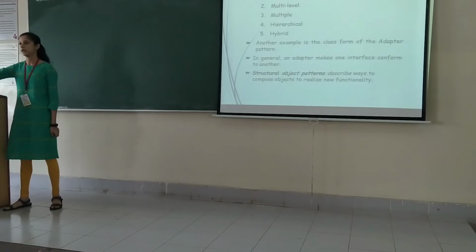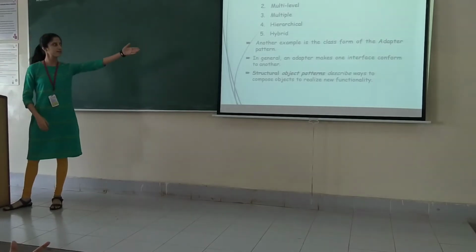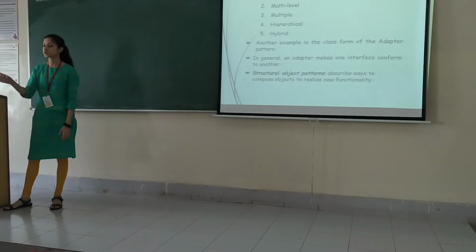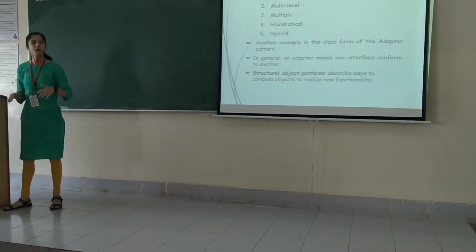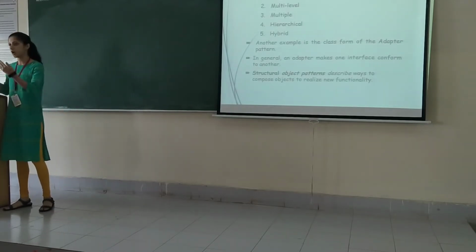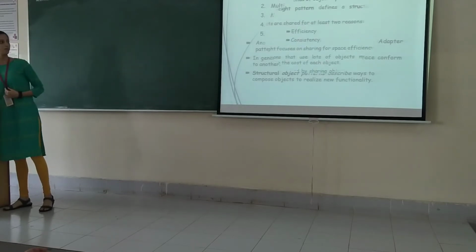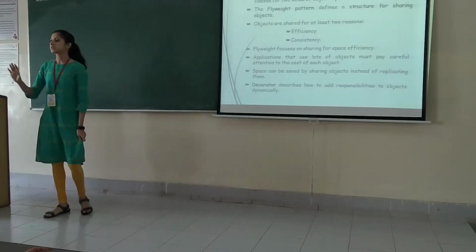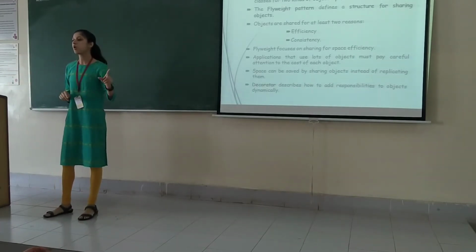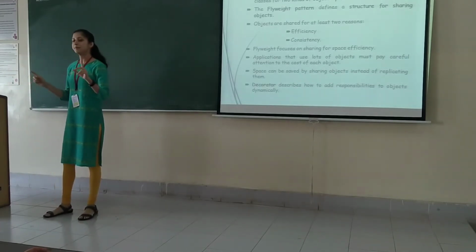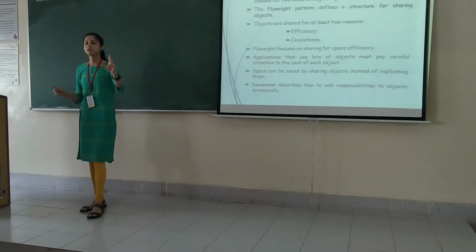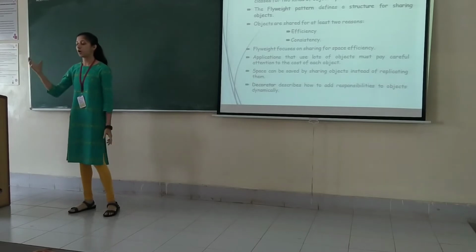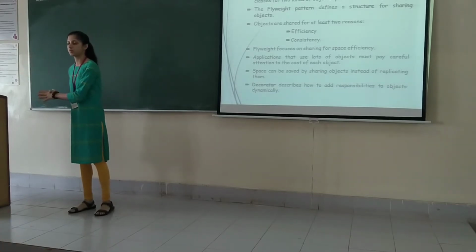As you all know, there are many types of inheritance. Structural patterns utilize all these types of inheritance based on the situation of the problem, and they draw the structures. And in objects, there are two types: primitive objects and composite objects. A primitive object does not have a particular memory address, but a composite object is a combination of objects.